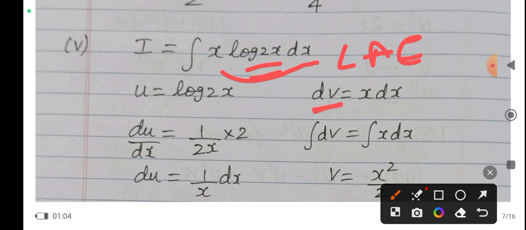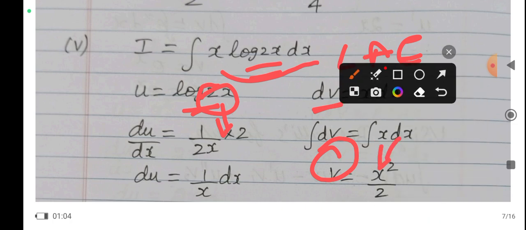So dv is x dx. So differentiating log 2x means 1 by 2x, then 2x differentiation 2, 1 by 2x into 2. Then we are integrating dv. So integral dv equal to integral x dx. So integral dv is v. x integration is x square by 2.